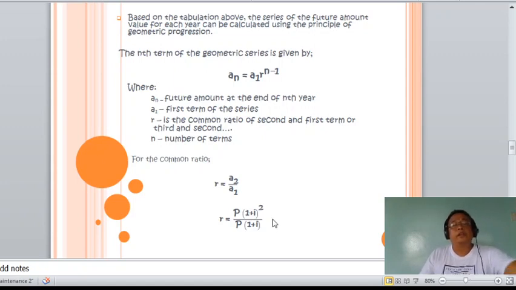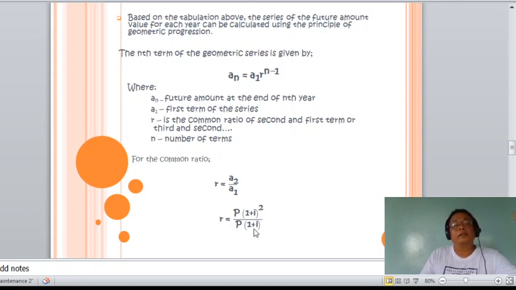So, during the second year, the future amount is equal to P multiplied by (1 plus i) raised to 2, divided by P multiplied by (1 plus i).